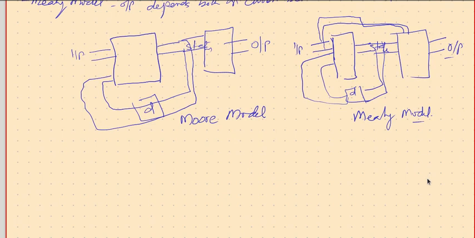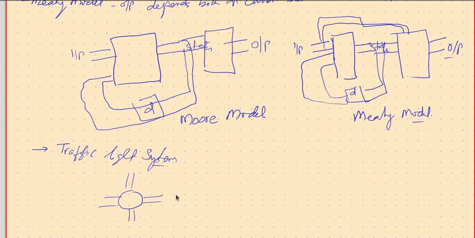Done. So what are the examples? The simpler example would be, say for Moore model, we can take a traffic light system as an example. Say we are talking about a traffic light system at a junction of four roads.